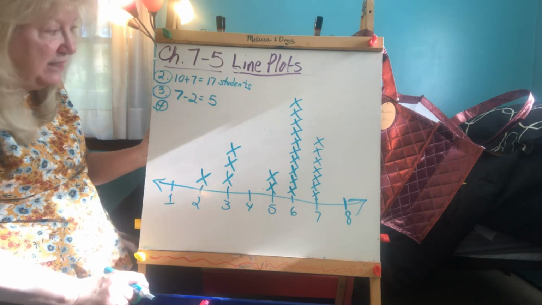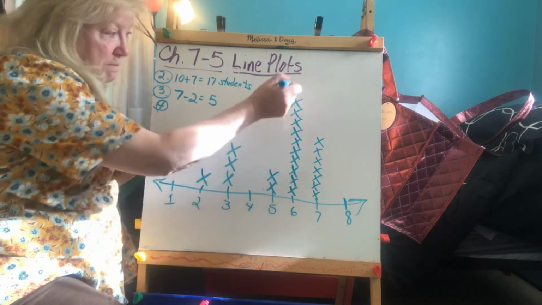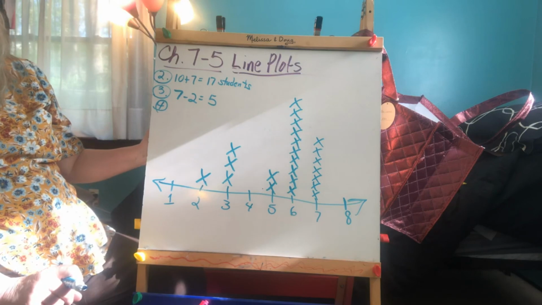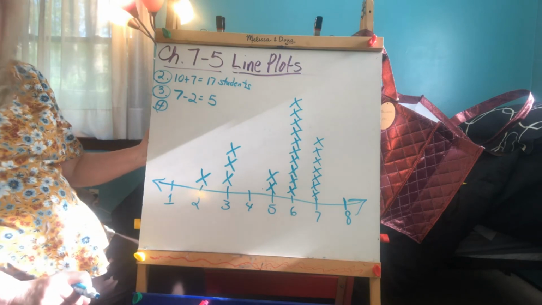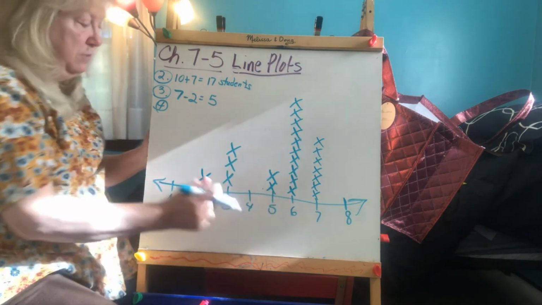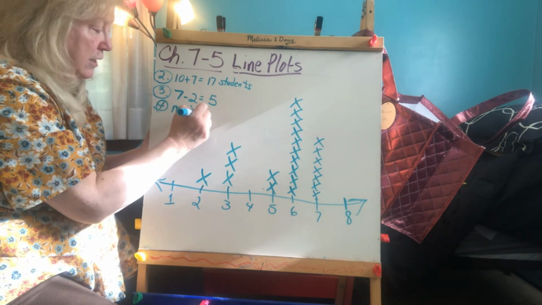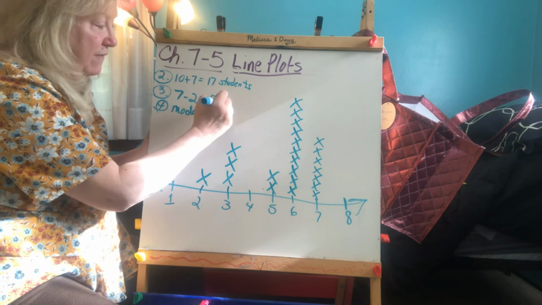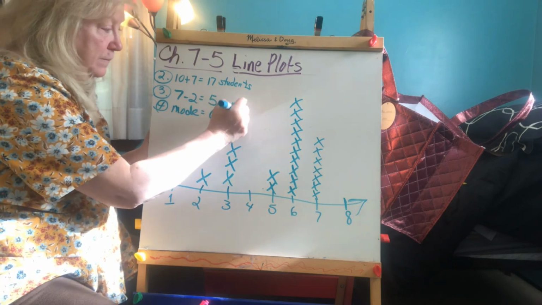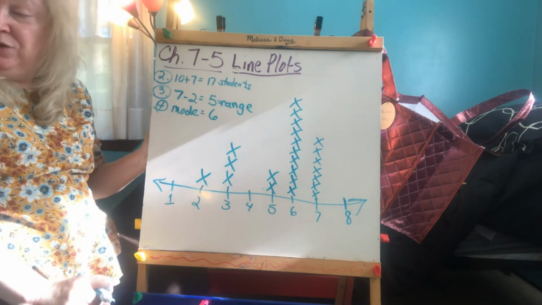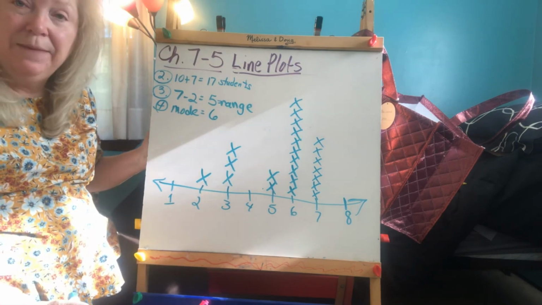So obviously the answer that occurs most frequently is 6 years. So 6 is the number that appears most frequently. So the mode equals 6 and 5 is the range. Okay, now you're going to try the practice problems on that page on your own.